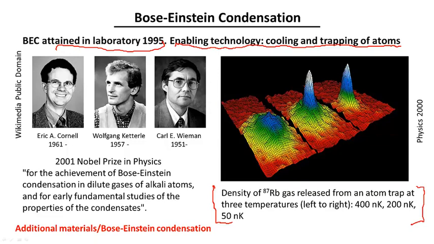Now, we'll discuss in a moment how these temperatures are determined, but what you see are 3 images taken at different temperatures, temperatures decreasing from one frame to the next, and you see a distinctive change in the density profile of this released cloud. It's more or less a spherical cloud at the high temperature, and then a sharp and asymmetric peak develops as the temperature is lowered.